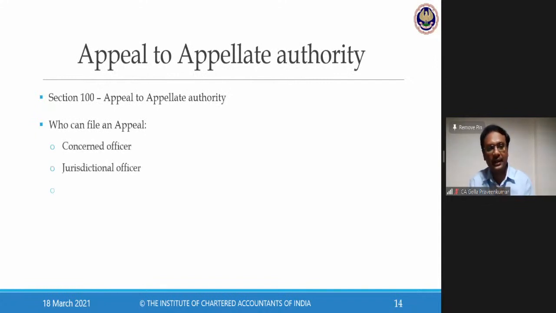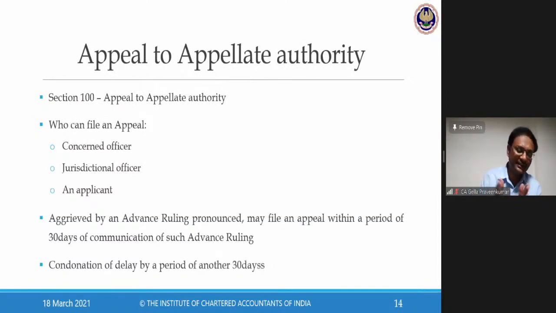Appeal to appellate authority. Now, as I said, first and foremost, if the officers have a difference of opinion, they will lift their hands and say, I cannot give an opinion. That travels to the appellate authority, or the consent officer, jurisdictional officer, and applicant.